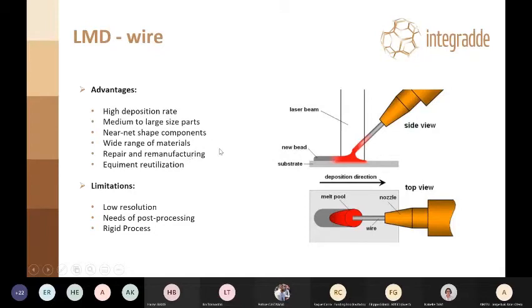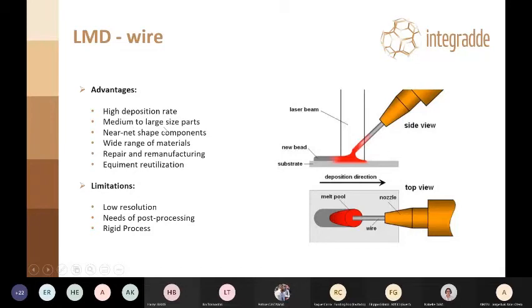With this process, as you can see here, the wire is fed at the same point that the laser beam is incident on the base metal, on the base plate, or the previous layer. In this case, you can see that we have a lateral feeding of the wire, and the main advantages are that we get a high deposition rate.